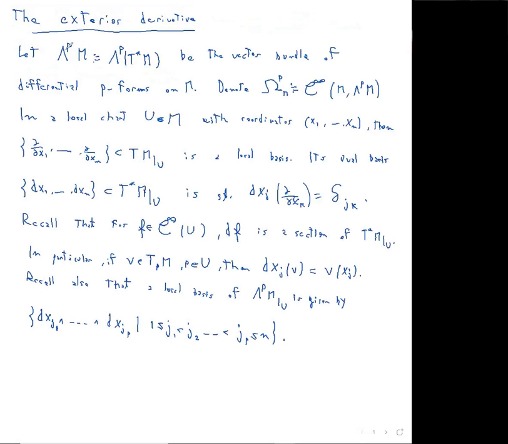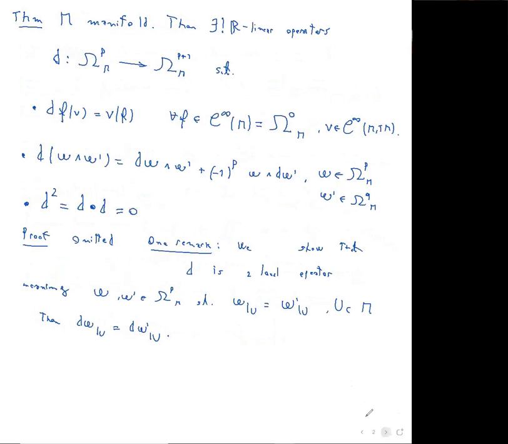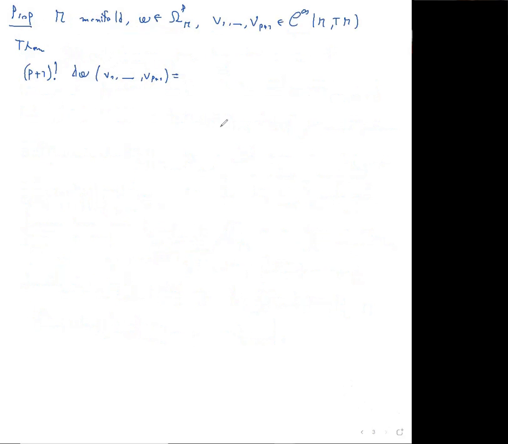T*M would be just linear forms, and then you can take the tensor product, then you have multilinear forms. This is the alternating multilinear forms. So in particular, you can input here these p+1 vector fields. And this should give you something. This something should be a number, or, well, a function.